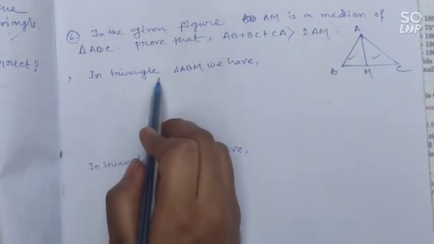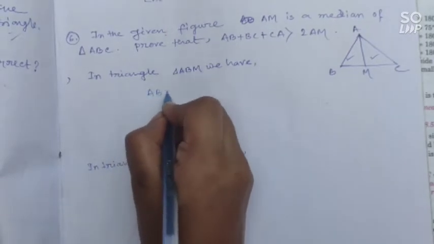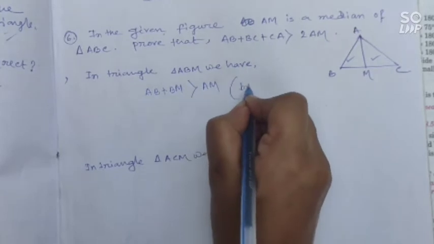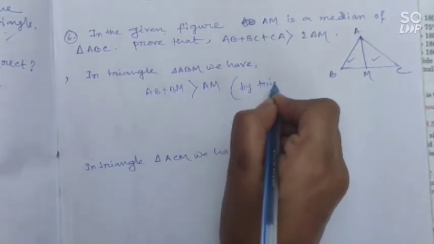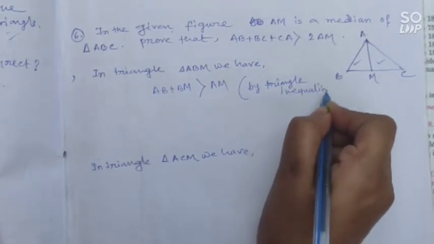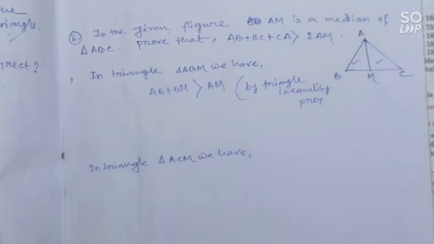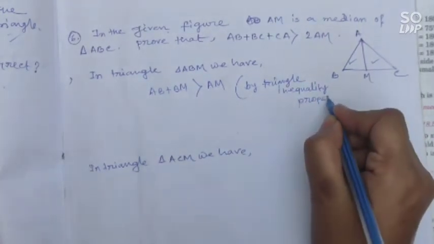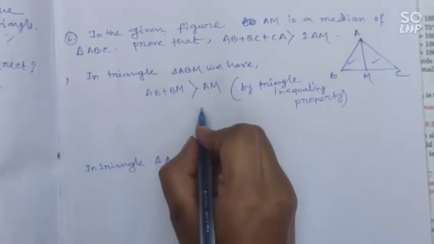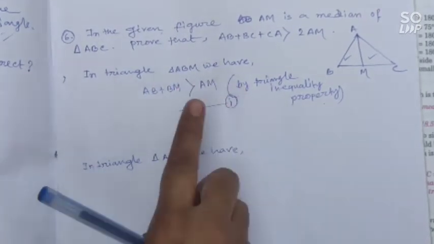So in triangle ABM, we have AB plus BM is greater than AM, by triangle inequality property. You have to mention which property you are using, the property name. So this is equation number 1.